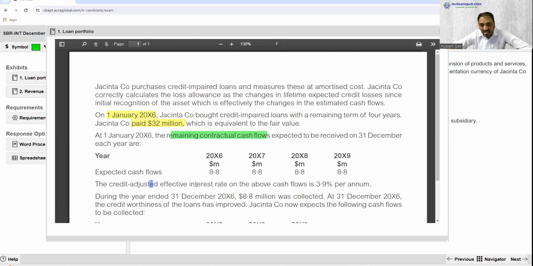And the credit adjusted effective interest rate on the above cash flows is 3.9%. Here we don't need to determine the value of the purchased credit impaired loans, already given as 32 million. We also don't need to calculate the effective interest rate, it's already given.